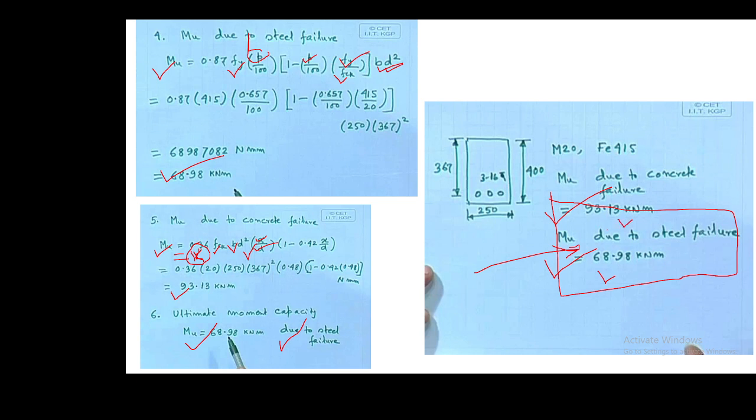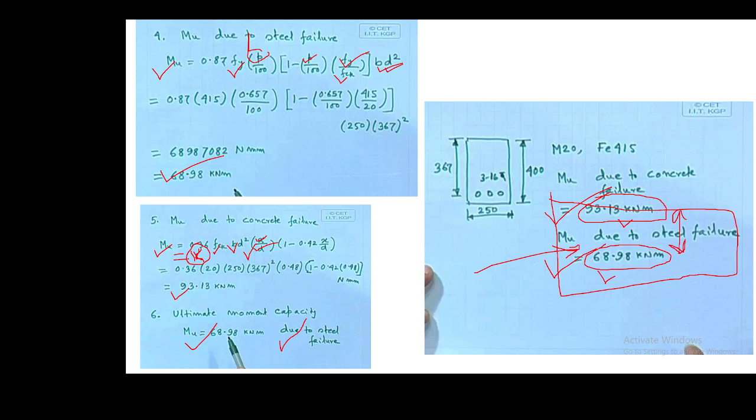There should not be a major difference between them. Then it is an optimum design for that section. So both values should be near to each other, then only can we say it is an optimum design.